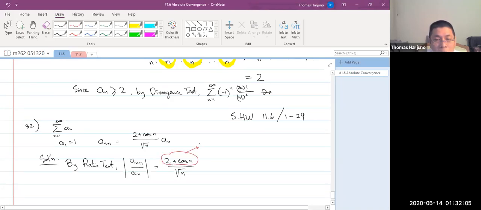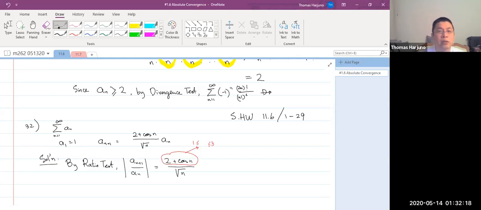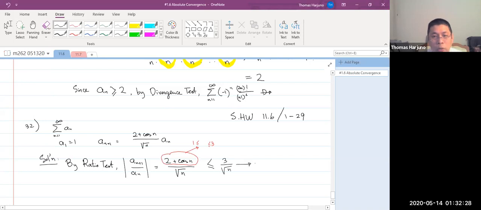This guy is at most 3, at least 1, right? So I can bound it above by 3 over square root of n, which will go to 0 as n goes to infinity.